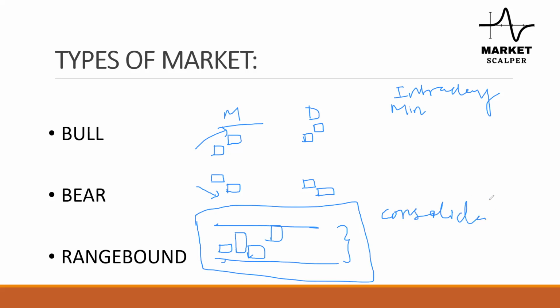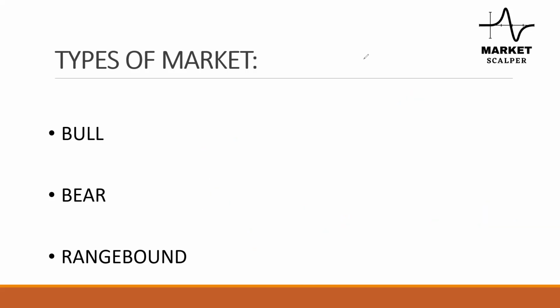It also gives a sign that either the prices will go up or go down. If it breaks this line, then the market will go down, and if it breaks up, the market will go up. Now I'll be showing you some charts so we can identify the different types of markets.